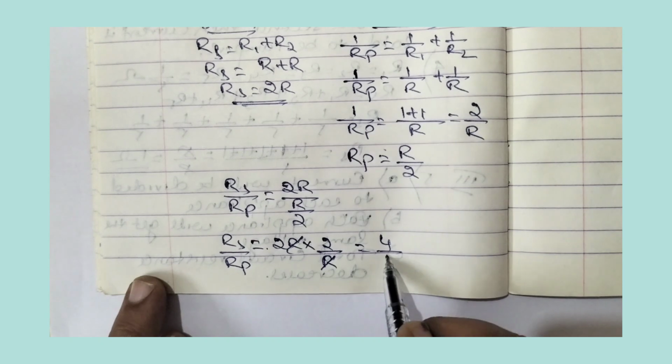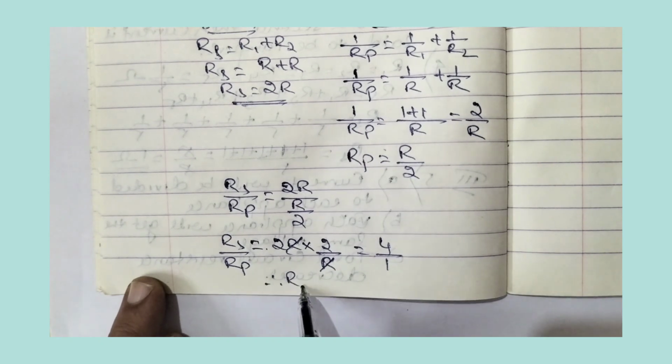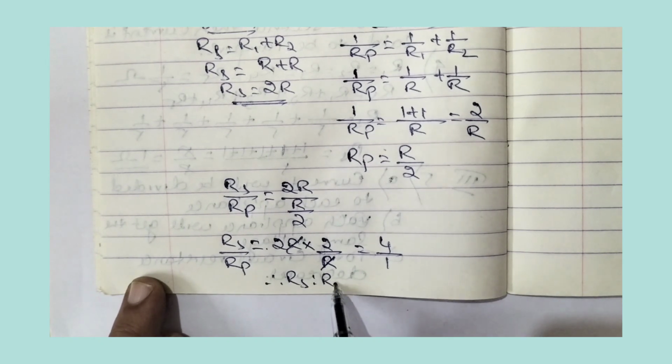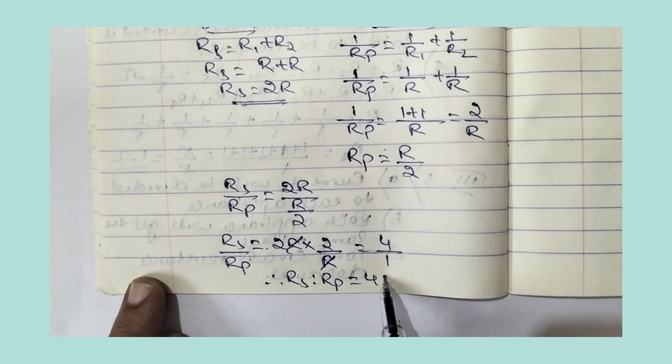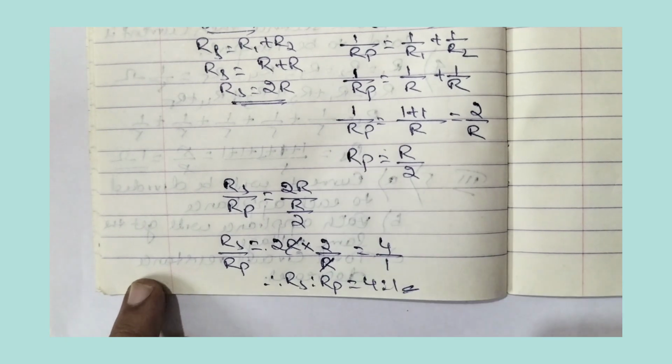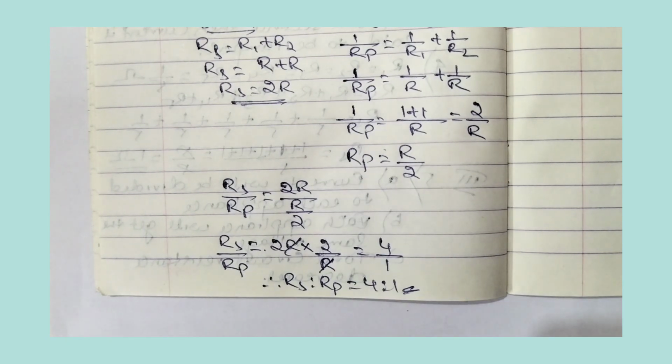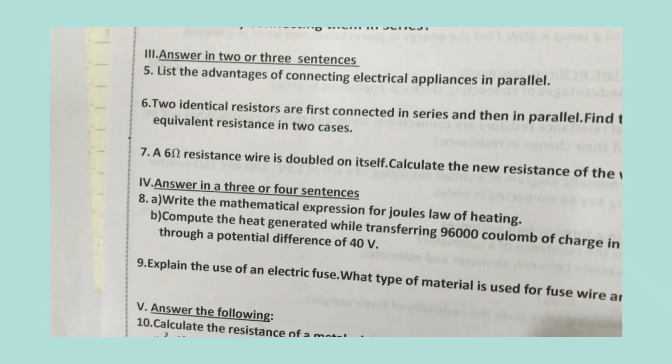What is remaining? 4 by 1. Therefore the ratio RS is to RP is equal to 4 is to 1. So like this we have to find the ratio of equivalent resistance. Now let us move to question number 7.